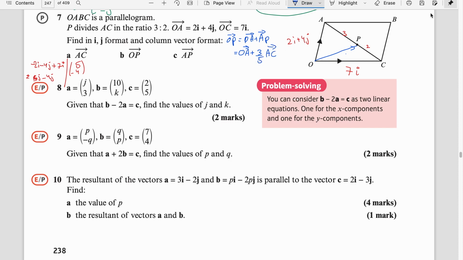Any issues with this fraction? 3 by 5 of AC. No issue. So OP is 2i plus 4j plus 3 by 5 times AC, and AC we've already done, which is 5i minus 4j, and we just simplify and add the i part to i and the j part to j.